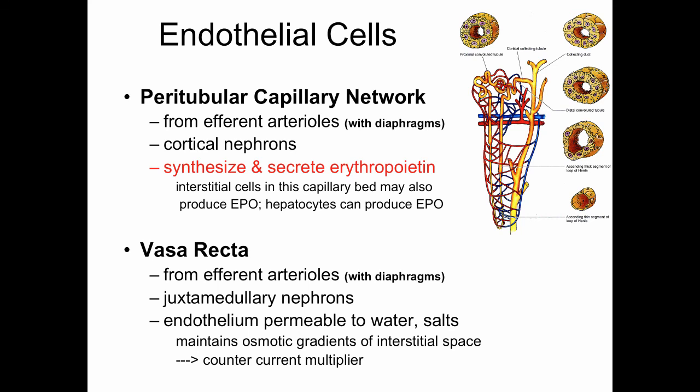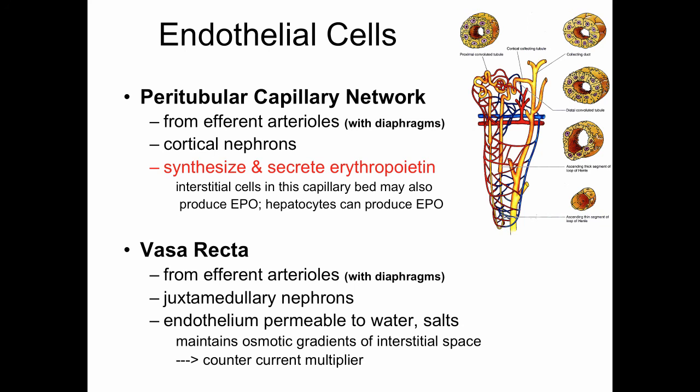Now we can talk about the endothelial cells of the peritubular capillary network and from the vasa recta. As we said, the peritubular capillary network and the vasa recta arise from the efferent arteriole. The endothelial cells in both of these capillaries have diaphragms. The peritubular capillaries originate from the efferent arterioles from the cortical nephrons.